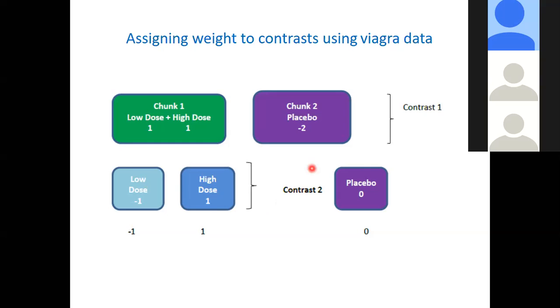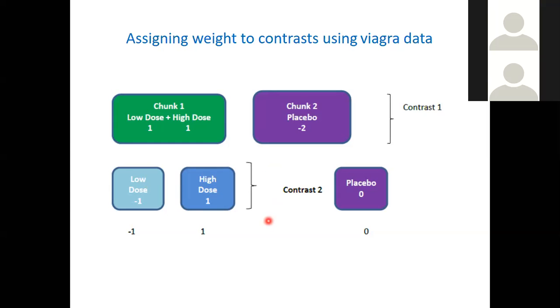Now, when you are done with that, the second contrast, placebo is out, the low dose and high dose. Number 1, the placebo, since it's not participating, you assign it 0. And now, for the low dose and high dose, you give one minus and give the other one plus, just to cancel so that when you add them together, it still gives you 0.